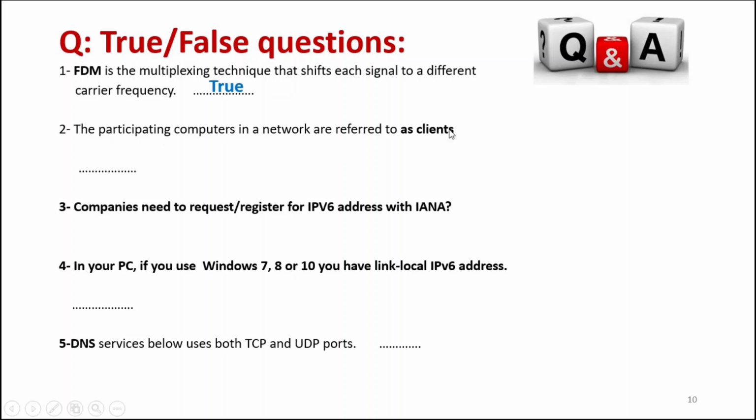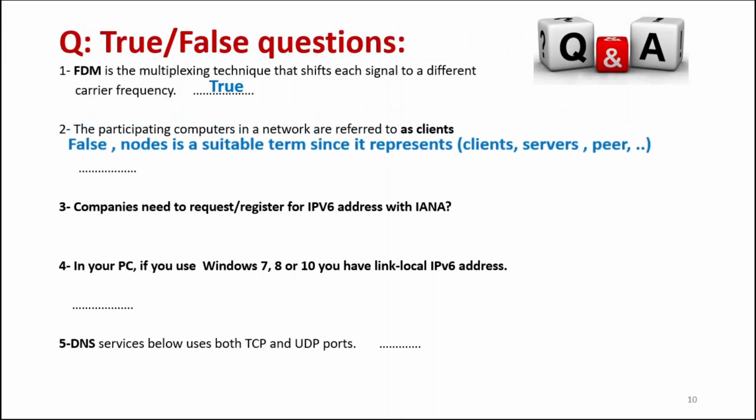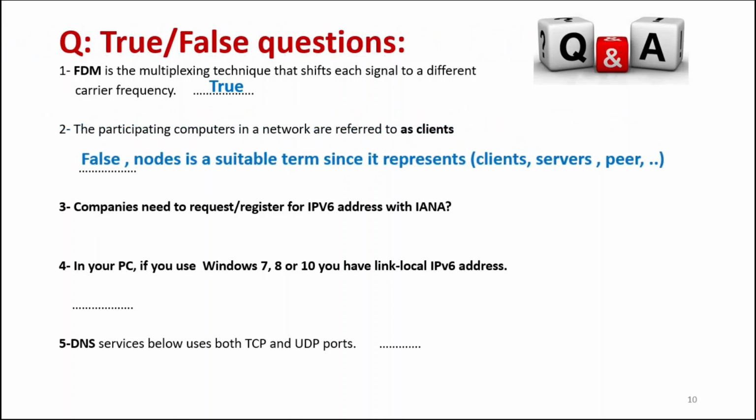The participating computers in a network are referred to as clients. Are all participants in a computer network clients, or are there other choices? This is a wrong statement, because nodes reflect clients, servers, peers, and every device. This is the general name.